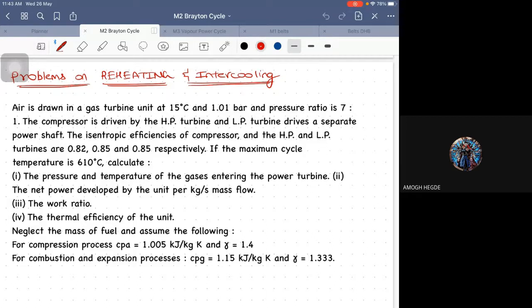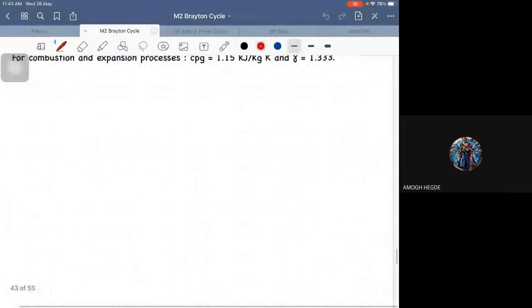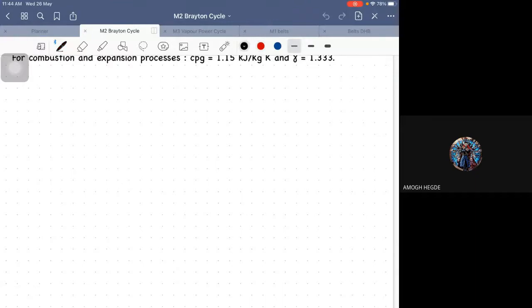Generally, what happens in the normal Brayton cycle, whatever we have learned up till now, there would be a compressor, correct? There would be a combustion chamber. The heat is being added there, and there would be a turbine. Simple mechanism. So this was a compressor, this was a turbine, this was a combustion chamber.